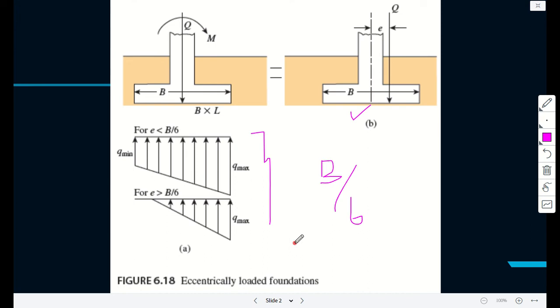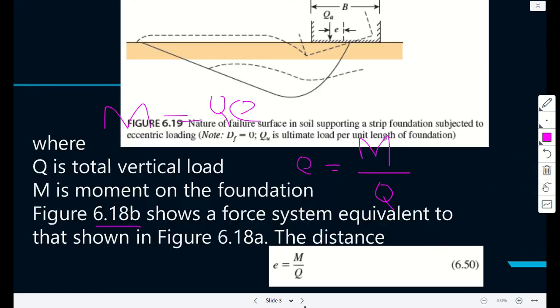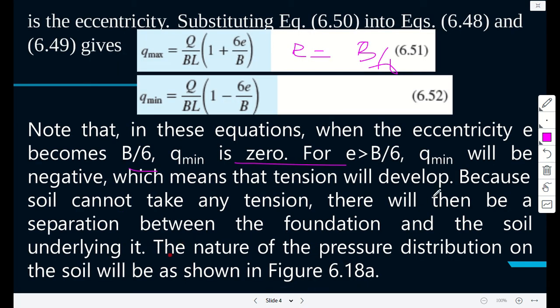When we talk about eccentricity, we always control it by the value of B over 6, because that's important. B over 6 is an important reference figure for eccentricity, because we already talked about this.